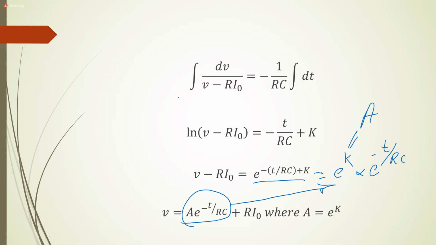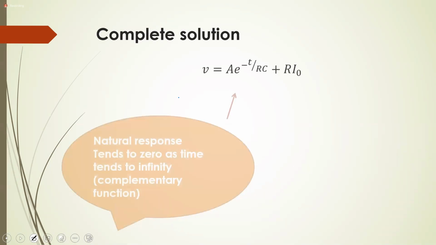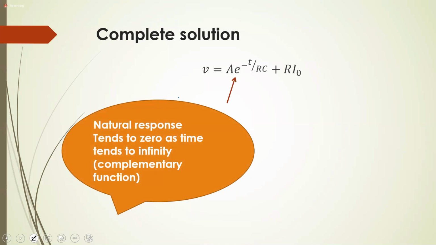So in other words, I've said it before, but I'll just highlight it here. The complete solution is what we call the natural response. The complementary function, we know, would give us our transient.